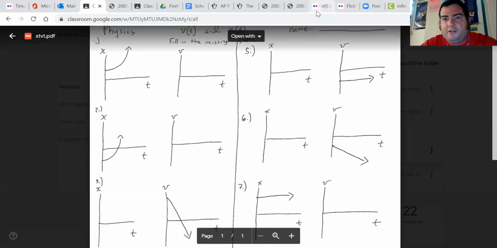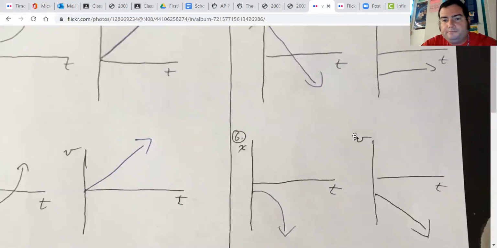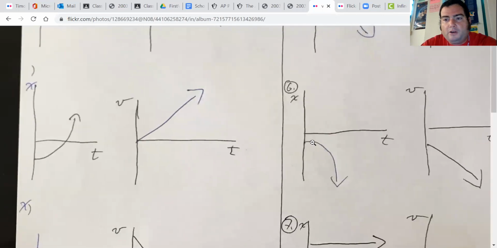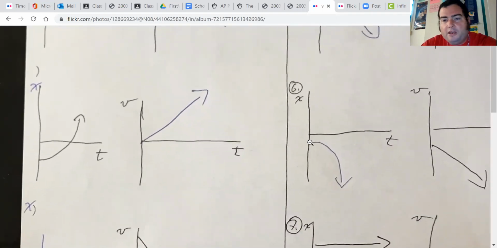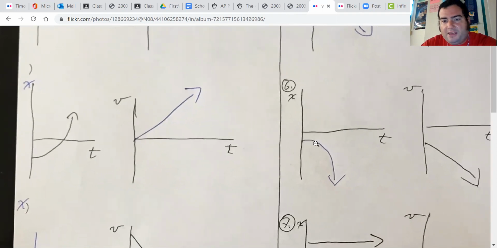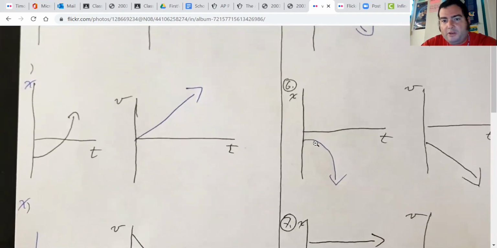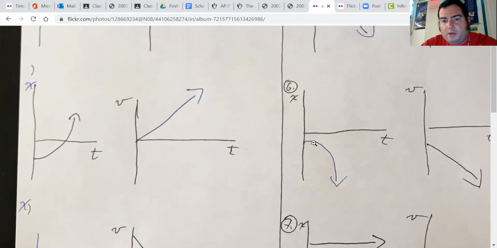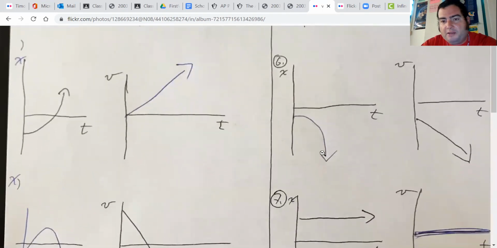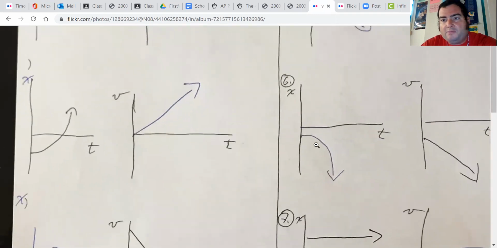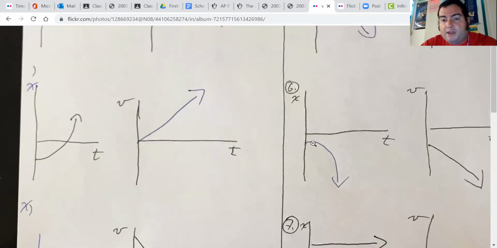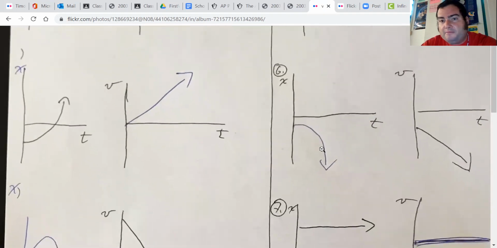So let's look at the answer in number 6. So I started, actually this is not a good drawing here. I should have started maybe here with a negative initial slope, and it should have been getting more and more and more. So that lets me know that I've got an increasing negative velocity.